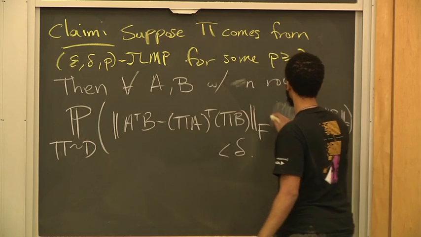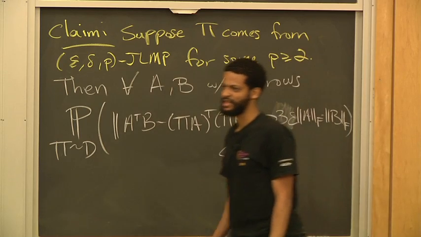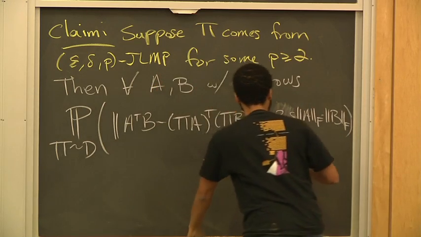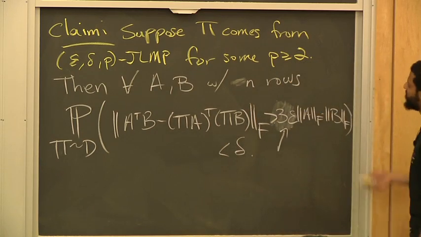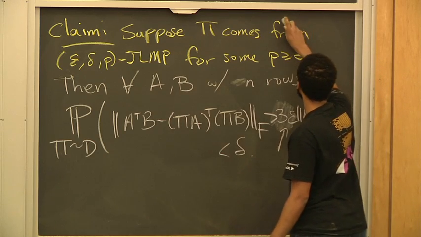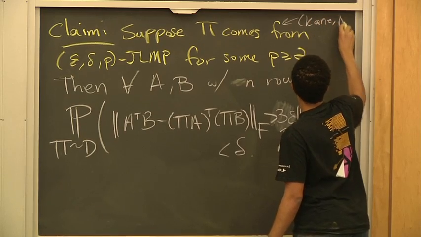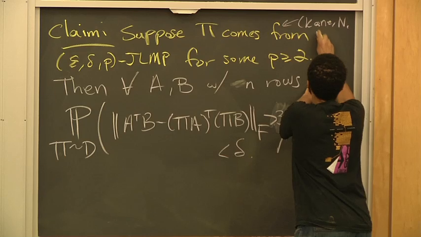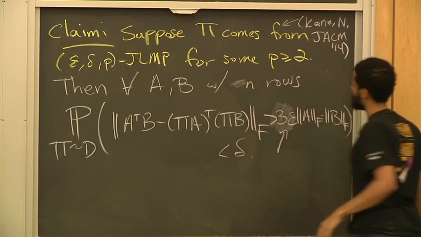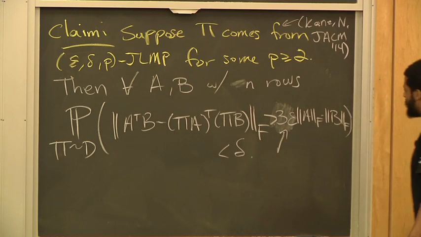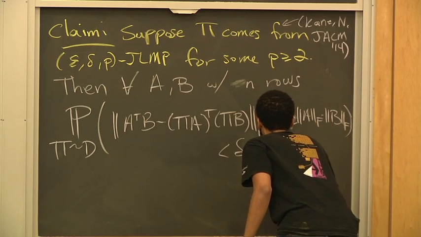Yeah, it does, sorry. 3 epsilon. Okay, actually, this thing is in my paper with Daniel Kane. It's a pretty simple lemma. I should mention that this 3 epsilon can really be epsilon.